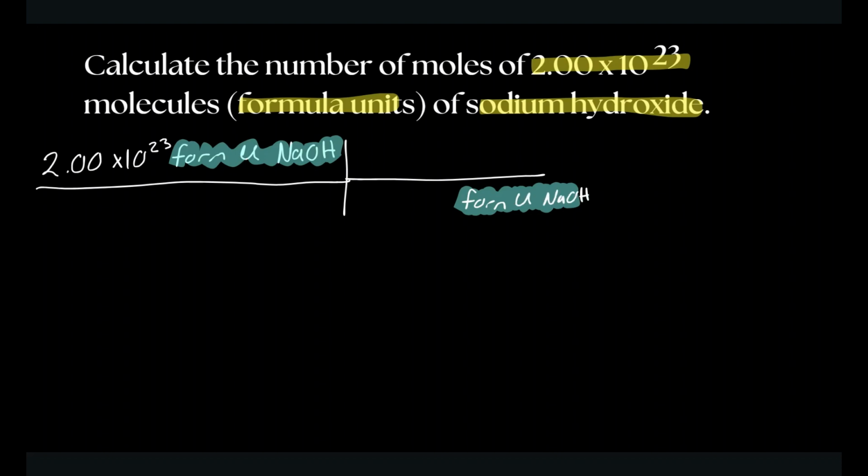Now, same idea, even though it's formula units and not molecules or atoms, we are going to use Avogadro's number in order to go from our formula units to our moles. So we have that 6.02 times 10 to the 23rd, and in this case, our formula units of our sodium hydroxide equal to the 1 mole of our sodium hydroxide.